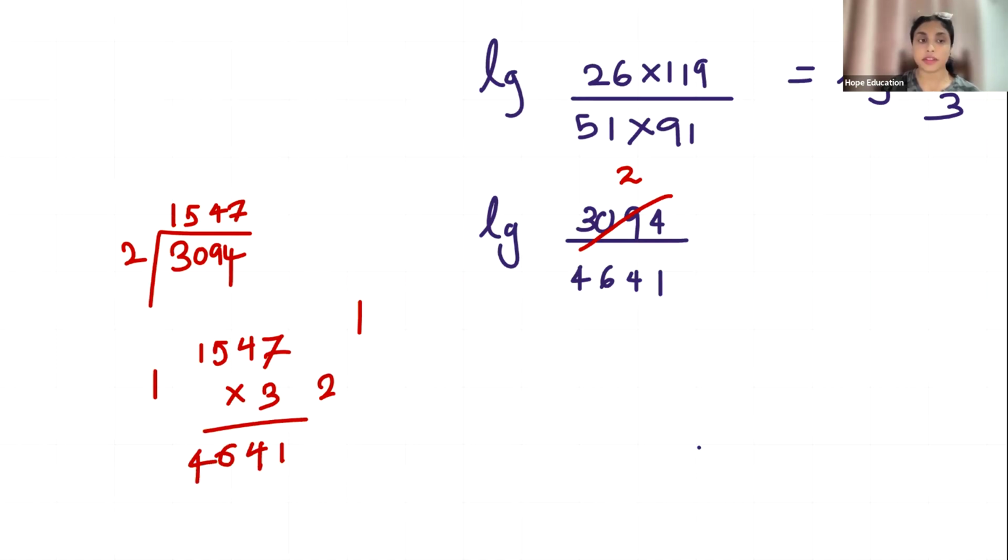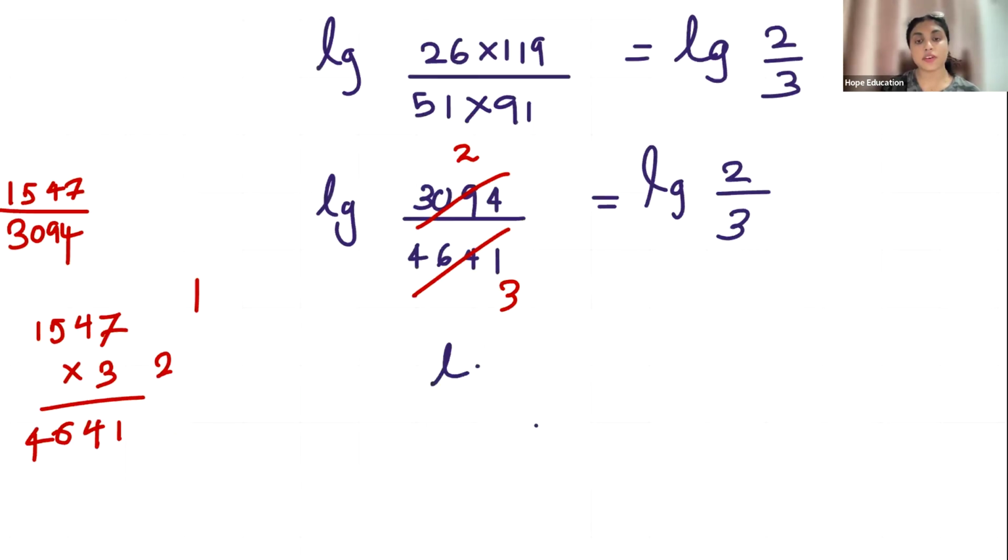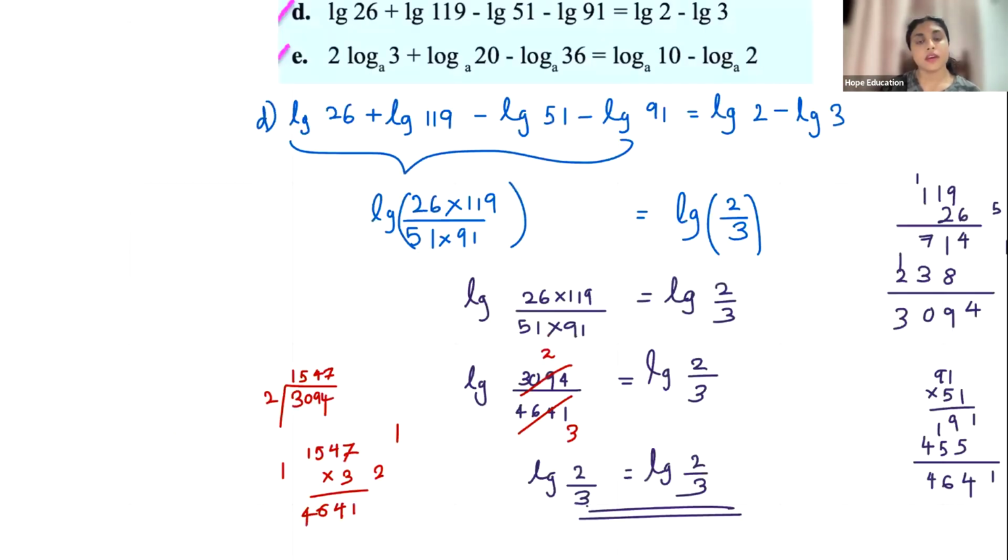So that's how we get it. So log 2 over 3 here equals log 2 over 3. That means this is verified. Is that clear to you, Lamai?